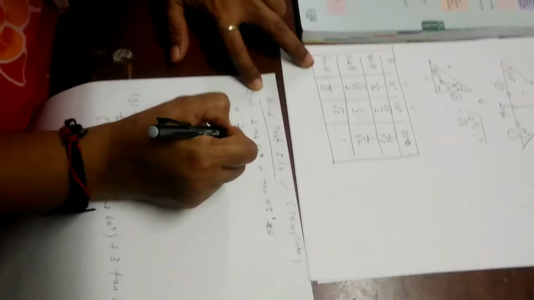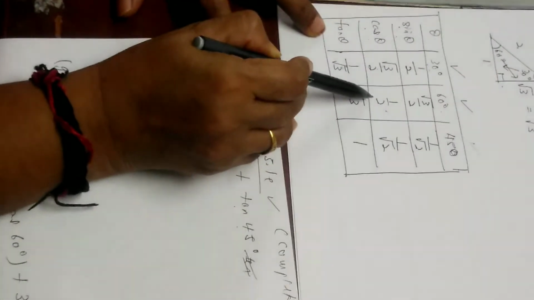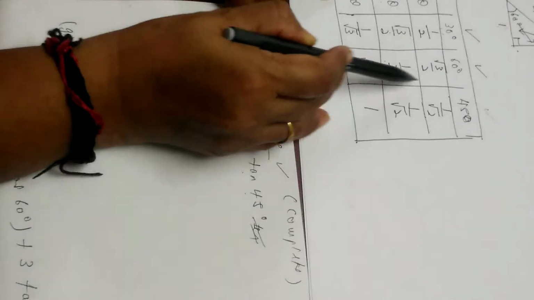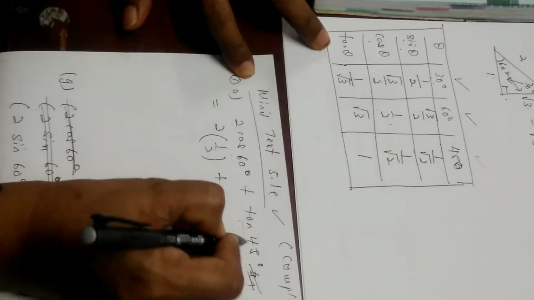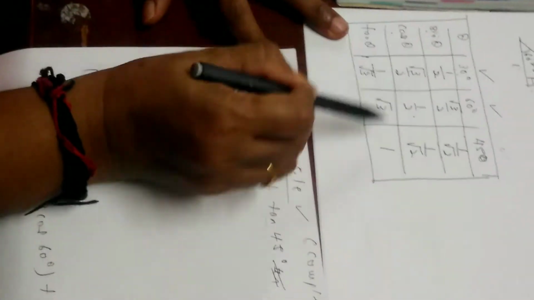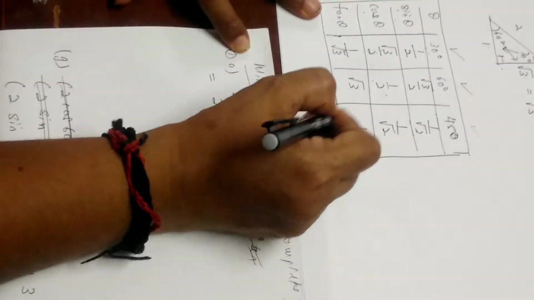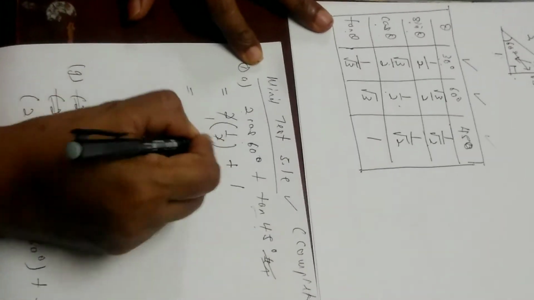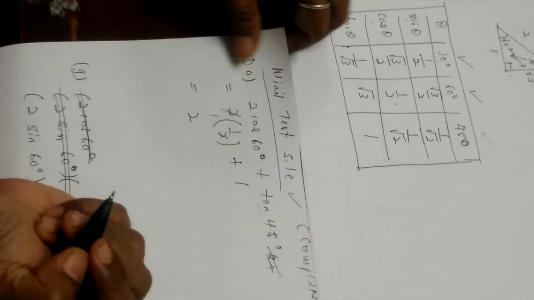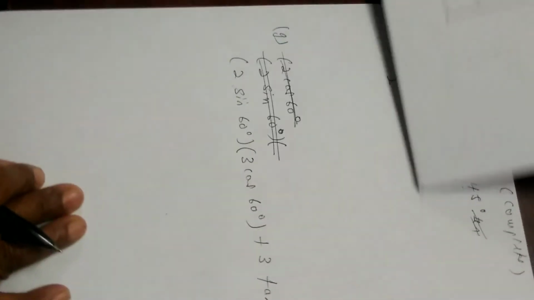So this is 2 cos of 60 degrees, which is 1 over 2, plus tangent 45 degrees. So this is 1. So this is 1 here plus 1 here to get 2. A simple example like that.